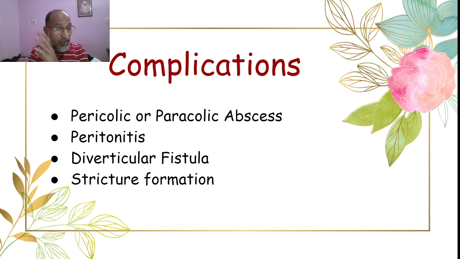It can lead to diverticular fistula when there is draining of the abscess and the adjoining structure may get infected and form a fistula. And then you may have stricture formation because of chronic constant inflammation within the colonic area. There is formation of fibrosis and the lumen becomes narrower, and ultimately there may be a complete blockage, and that is called stricture formation. So these are the main four complications of the diverticular disease.